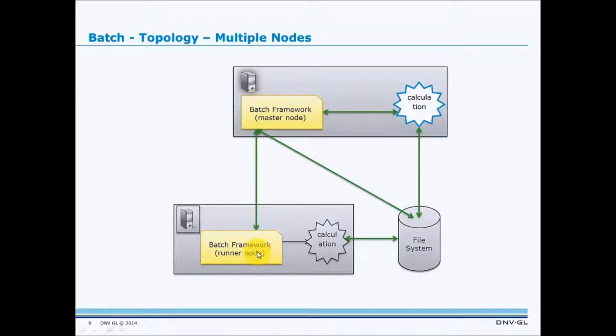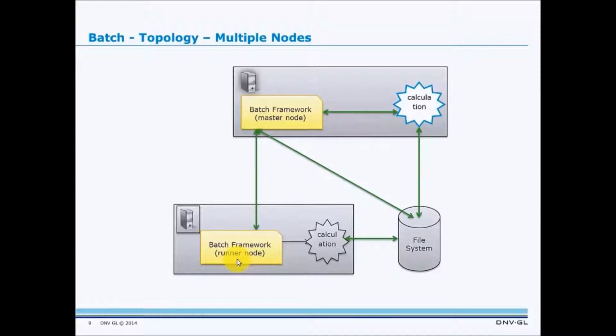By automated failover, what batch enables you to do is set up a batch network where one machine will be the master to start with, but if something were to happen to that machine, and if the batch framework on that machine were to go down or crash, another machine, which at that moment in time is a runner, will take on the managerial responsibility.